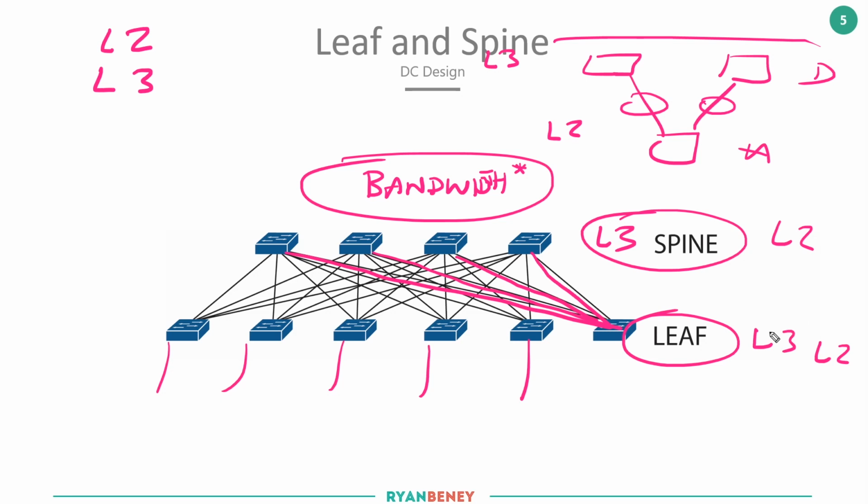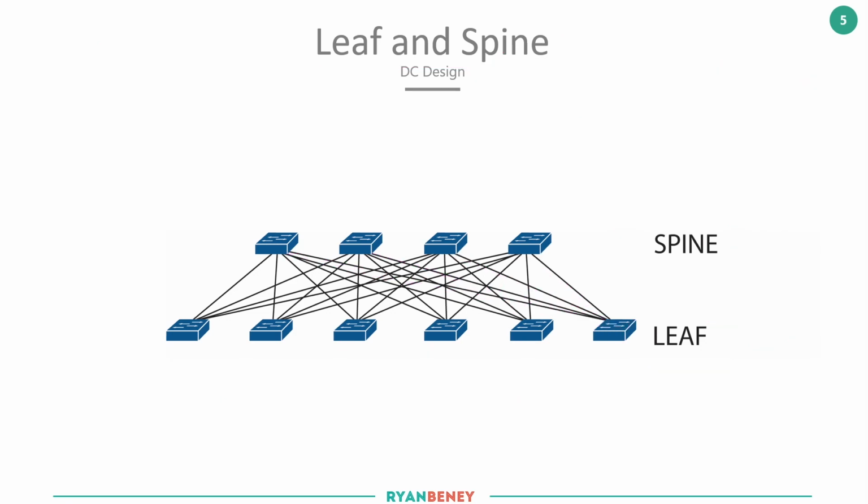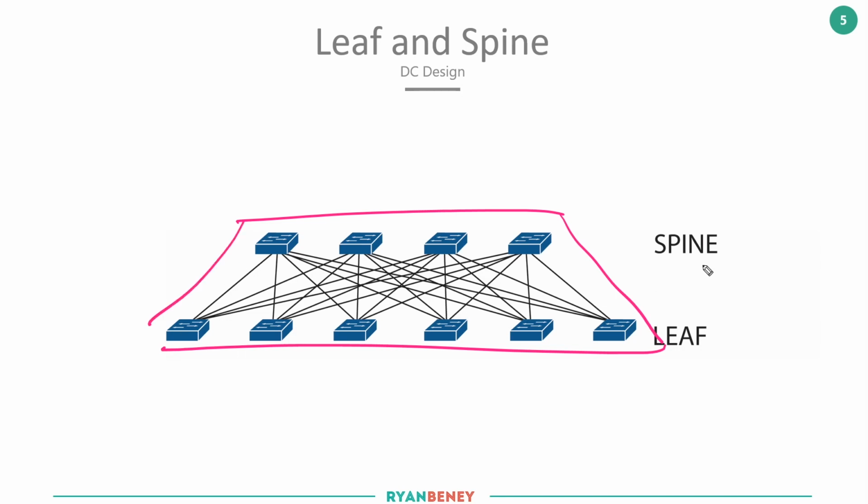It's kind of one or the other when it comes to a proper leaf and spine design in a DC environment. So at the CCNA level, really all we need to know is that when we look at an architecture like this, we're able to tell that it's probably a spine and leaf part of a DC design rather than a core, access and distribution part of an enterprise design.